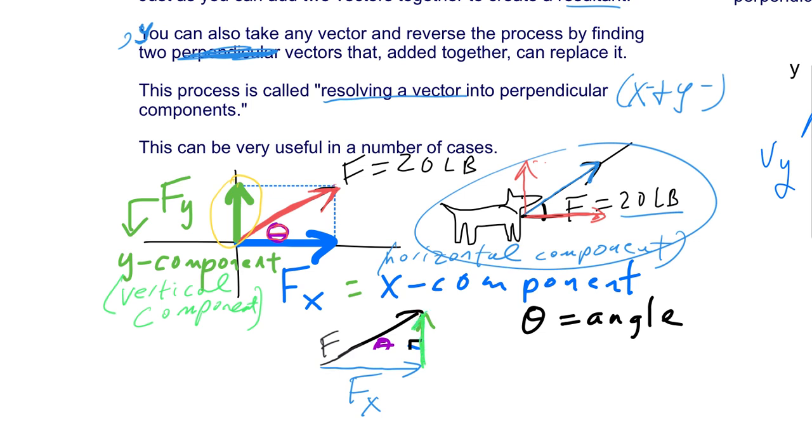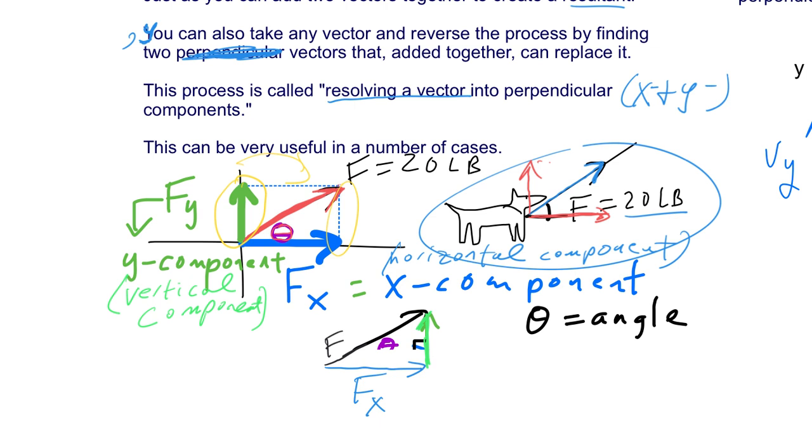I moved it over to this side right here to make this right angle triangle. Let's call that Fy. And here's the angle. Okay, so this is a right angle triangle.